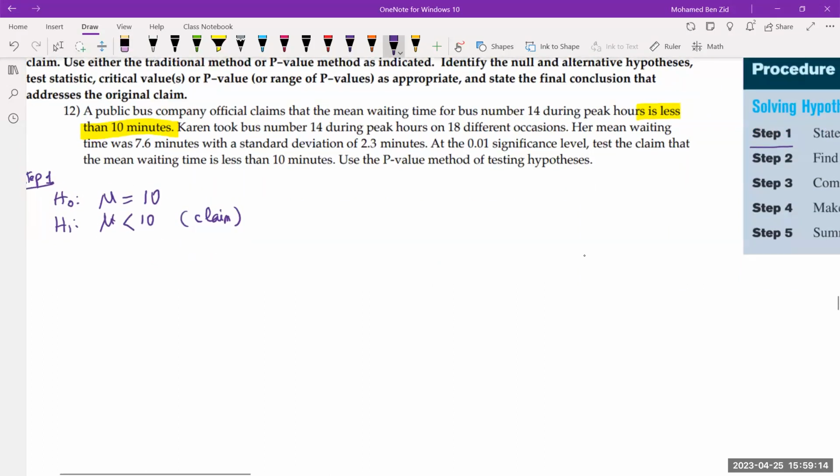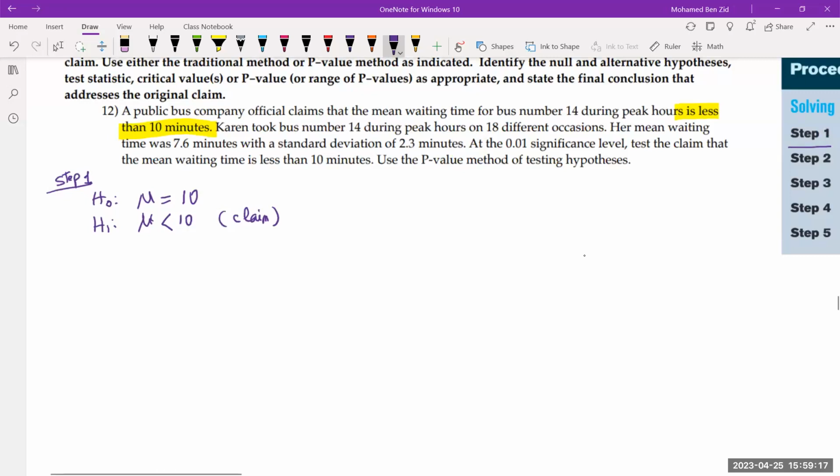So now we are coming up with more information. Karen took this bus number 14 during peak hours 18 times. So that's going to be the n, it's going to be 18.